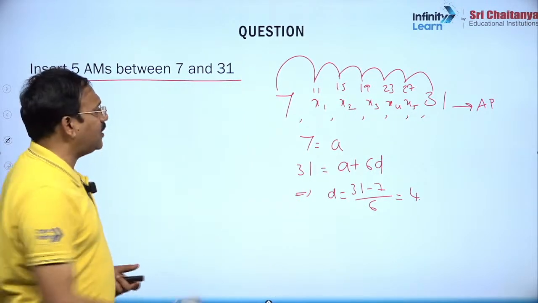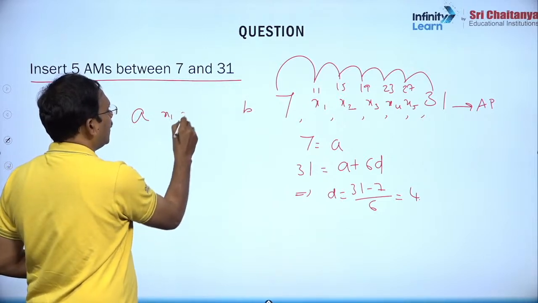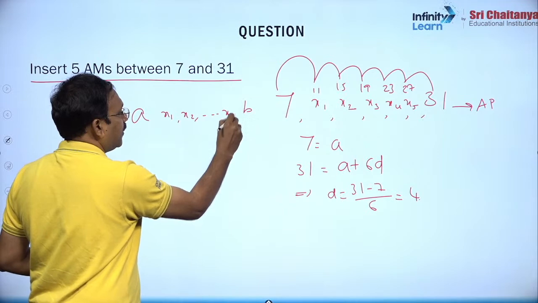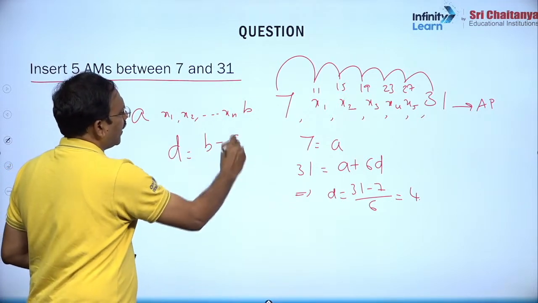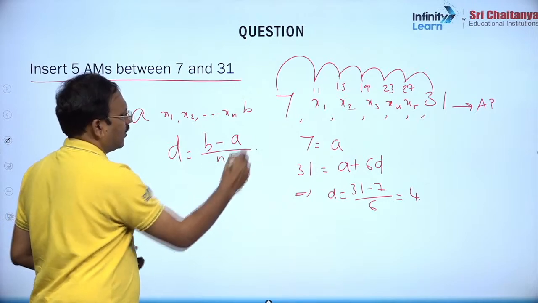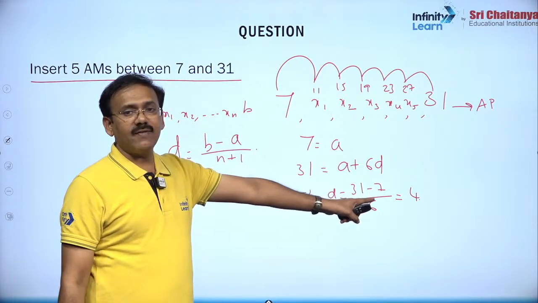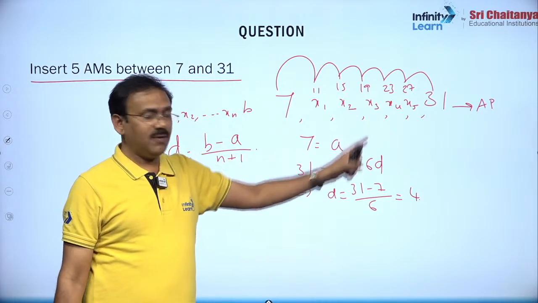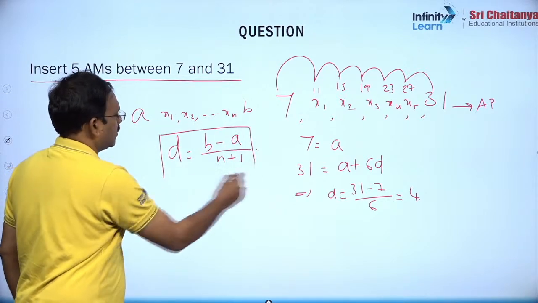My dear friends, the point is, if you want to insert n arithmetic means between A and B, the common difference D is going to be B minus A by n plus 1. You see the observation: common difference is 31 minus 7 by 5 arithmetic means plus 1, so you write 6 here. So this will help you.